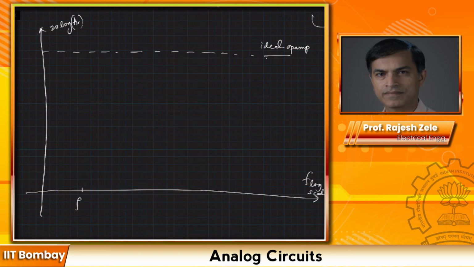And if we use the same op-amp in an inverting gain configuration, then what you will see, let's use a different color, is this green curve, which looks something like this.